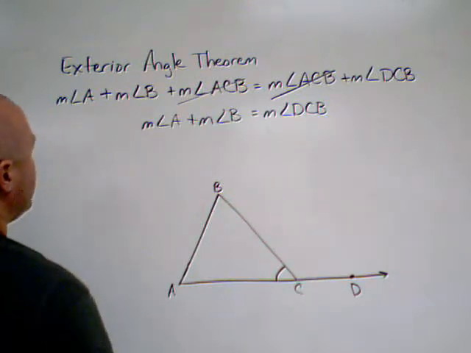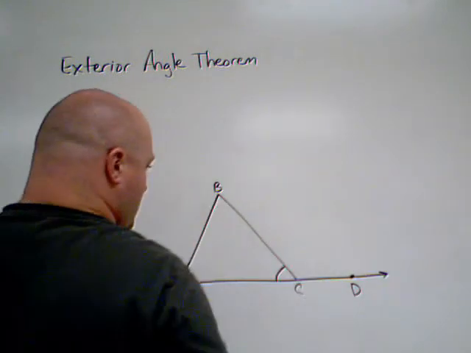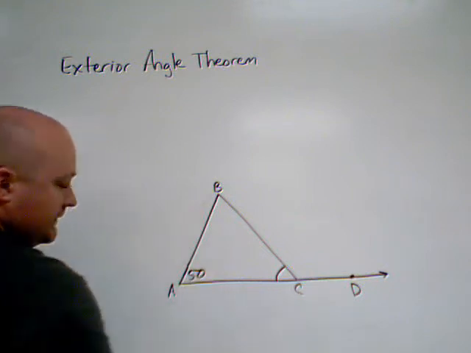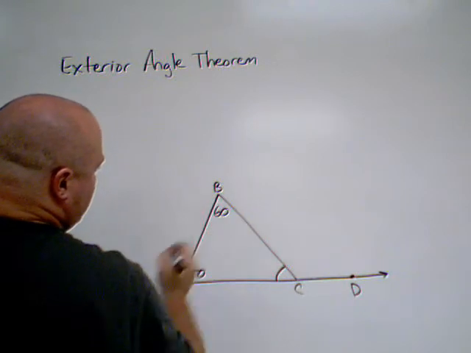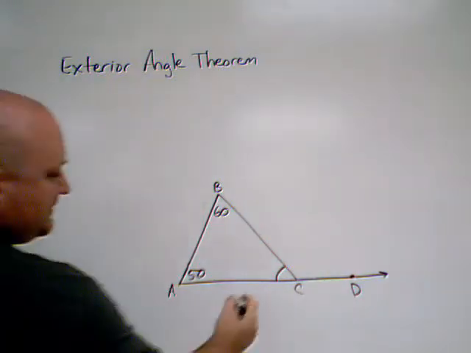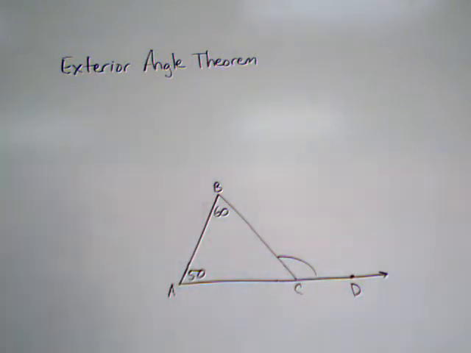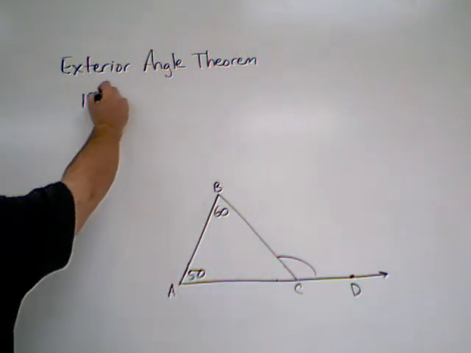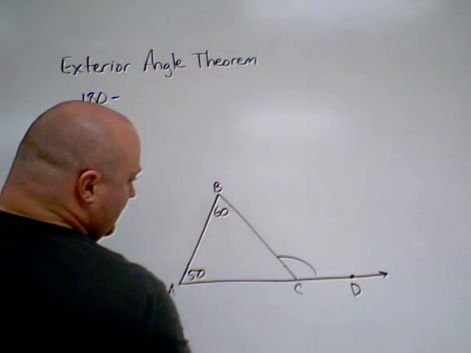Let's use an example. We're going to say angle A measures 50 degrees. Angle B is going to measure 60 degrees. And we want to find the measure of our exterior angle. Since we know that our triangle is 180 degrees, we're going to subtract the sum of these two to find out what this angle in here is.